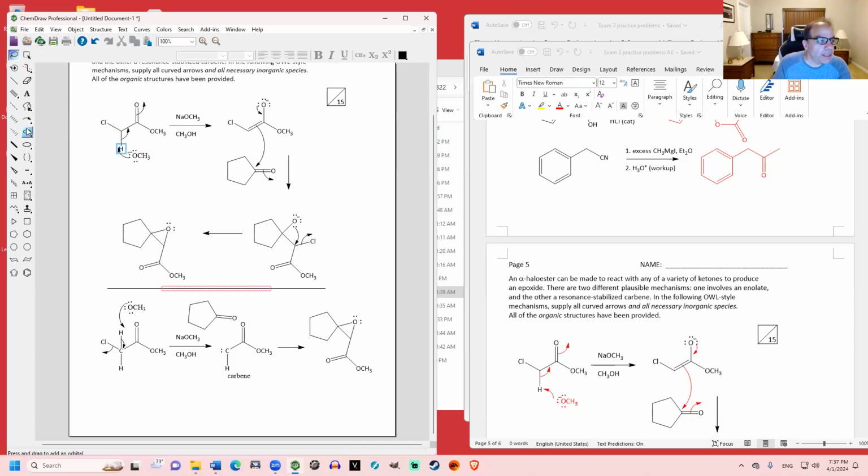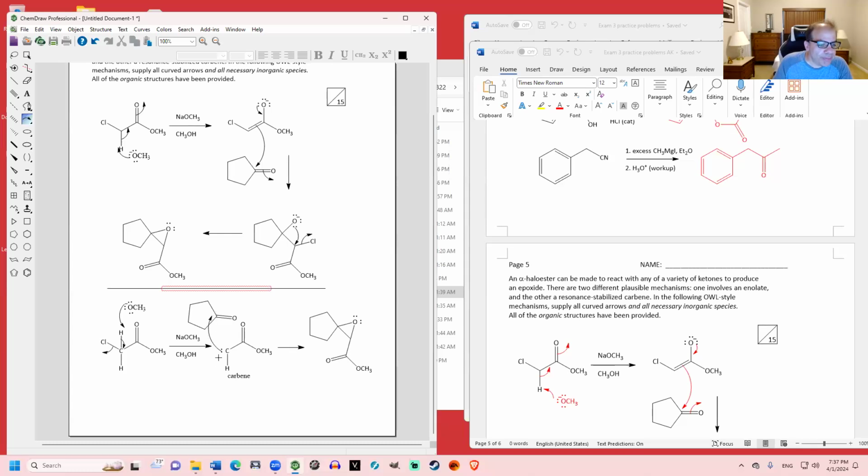And then this carbene adds to the carbonyl. Carbenes need to do 2 things.